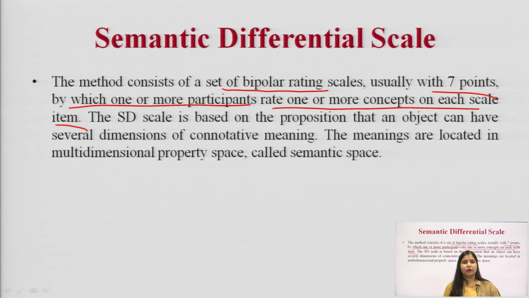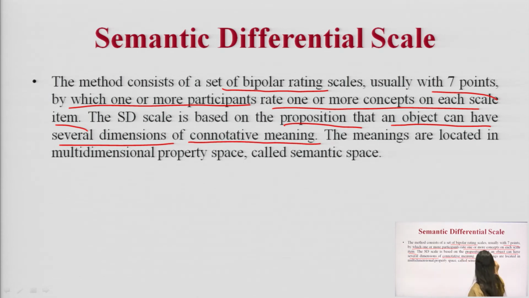Then the semantic differential scale is based on the proposition that an object can have several dimensions of connotative meaning, and the meanings are located in a multi-dimensional property space called the semantic space.